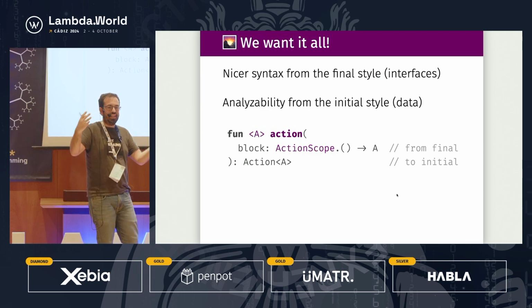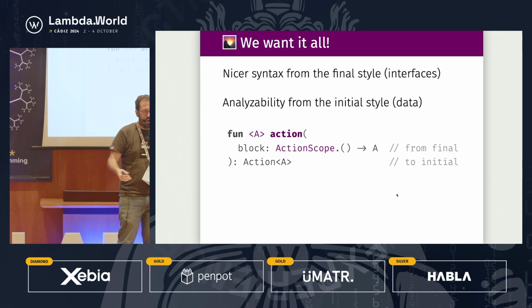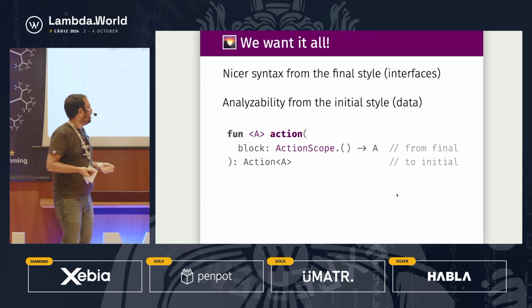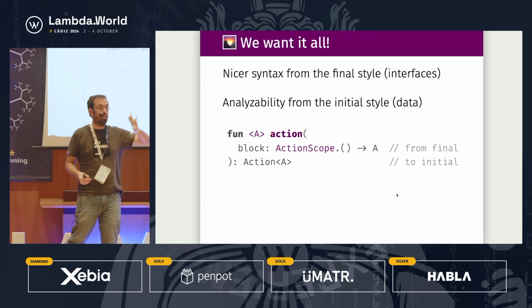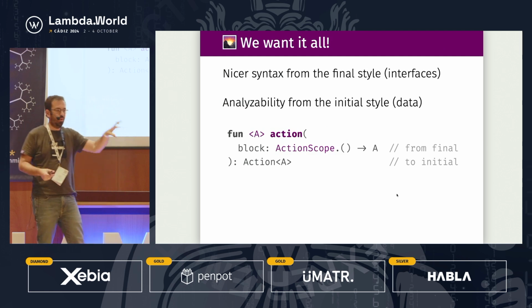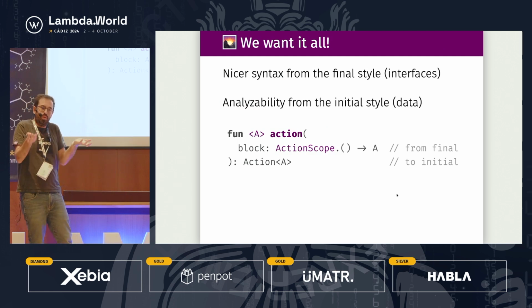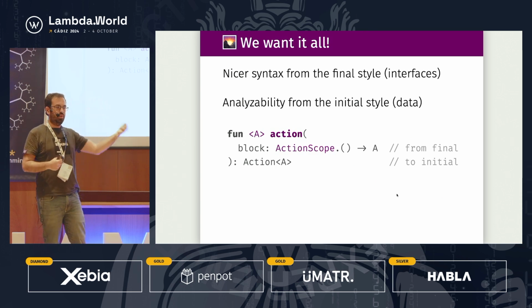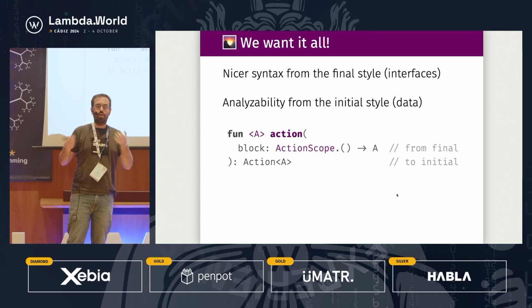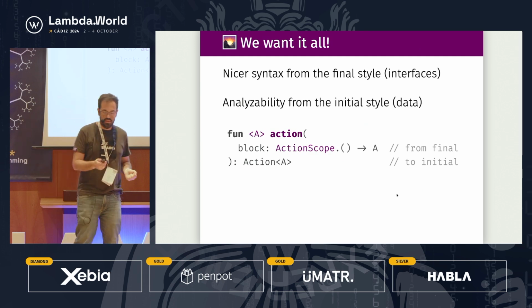So it looks like you are extending the action scope, sort of. And then you get back the Action of A, which, if you remember, was the initial style, the one where we are using data types. If we get this, we would be happy, right? People would be able to write the block in the nicest style for them, and then we convert it to the Action of A, and then we are happy because we can inspect what we need.